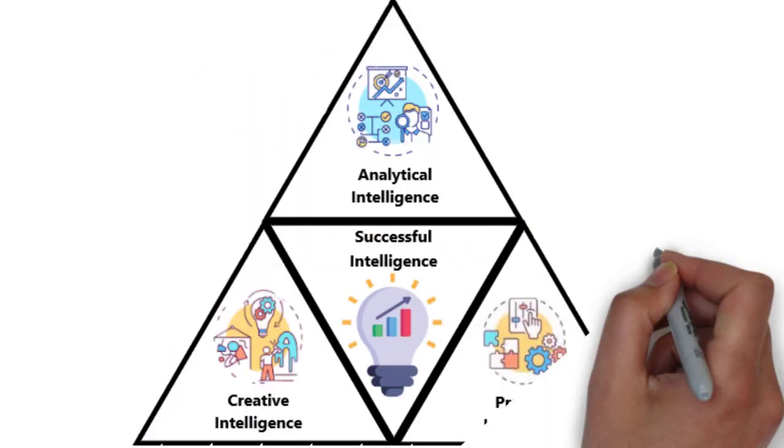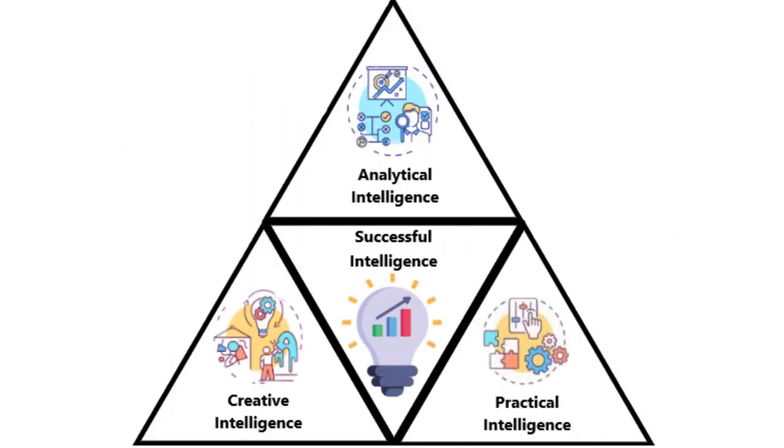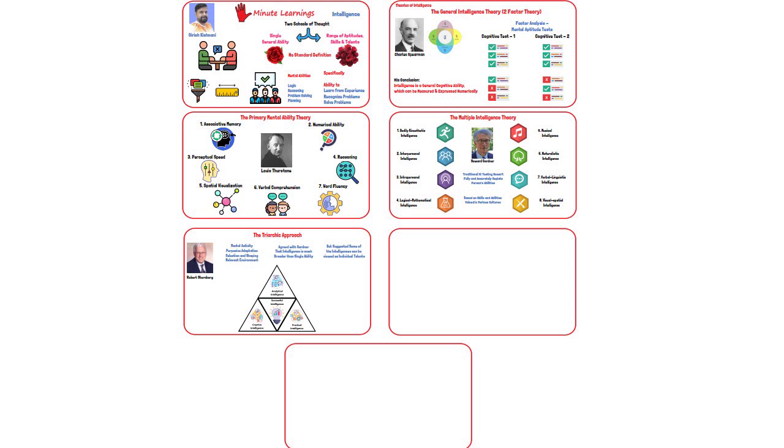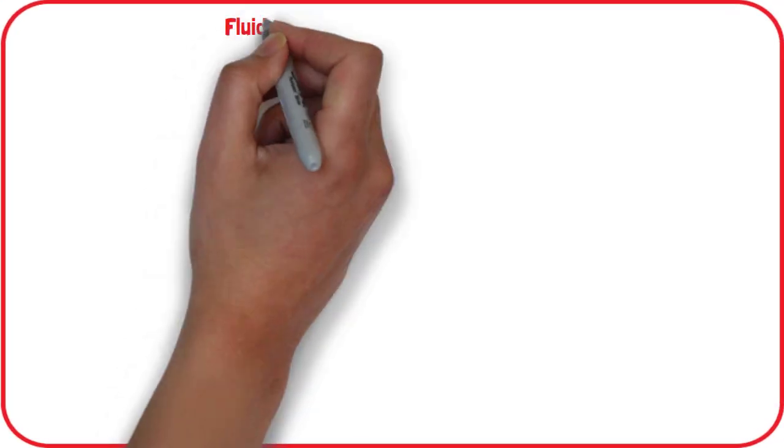Sternberg proposed the concept of successful intelligence, which involves 3 factors: analytical intelligence, the ability to evaluate information and solve problems; creative intelligence, the ability to come up with new ideas; practical intelligence, the ability to adapt to a changing environment.